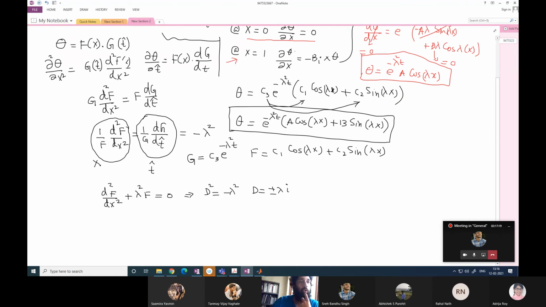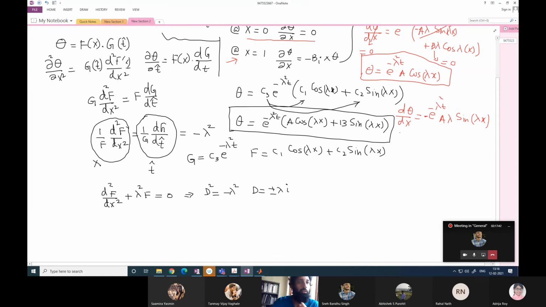At x equals to 1, d theta dx. Now d theta dx equals to e to the power minus lambda square t A negative again lambda sin lambda x.